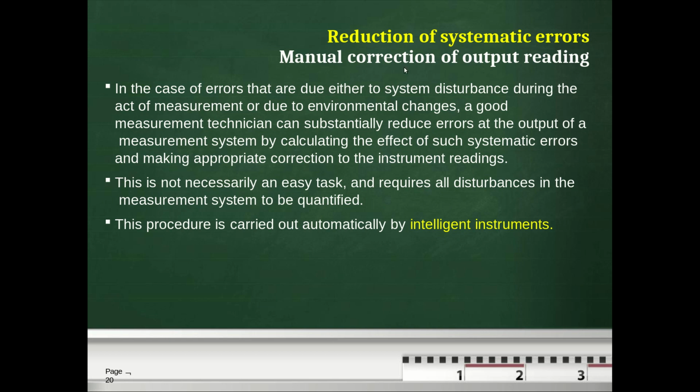Manual correction of the output reading is done by the human being making the measurements. The technician can reduce the error by calculating the systematic error and making the appropriate correction to the readings. This is not an easy task, it's done by an experienced technician, and today it's done automatically by intelligent instruments.